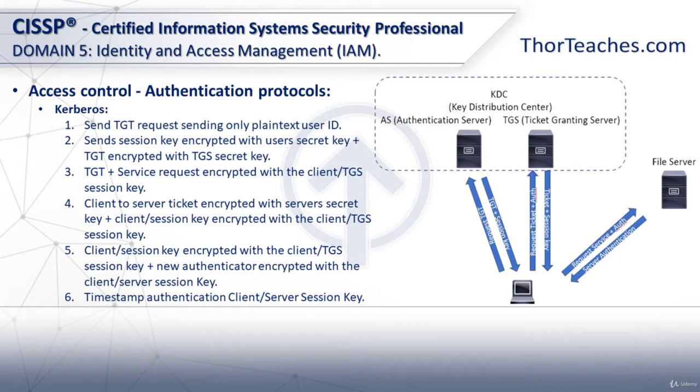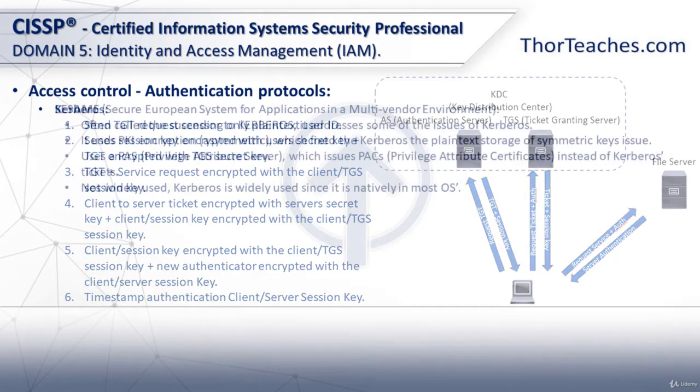Yeah, I know, it's a lot of ticket. It looks up the ticket, it sends you back a session key and a ticket. You send that ticket to the file server, along with your authenticator, which is your client ID and timestamp. All of these, of course, assume that you have the rights you need to access what you're trying to access. If you do, the server will send authentication, and you can now communicate with the file server.